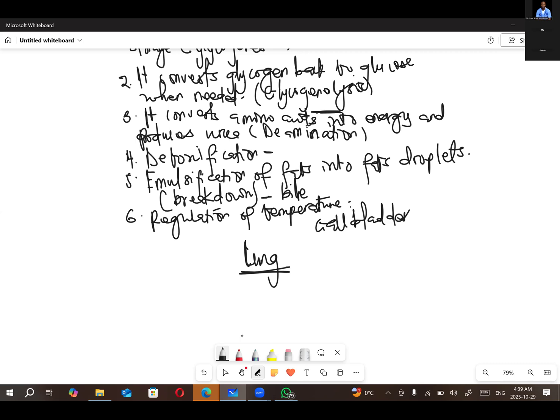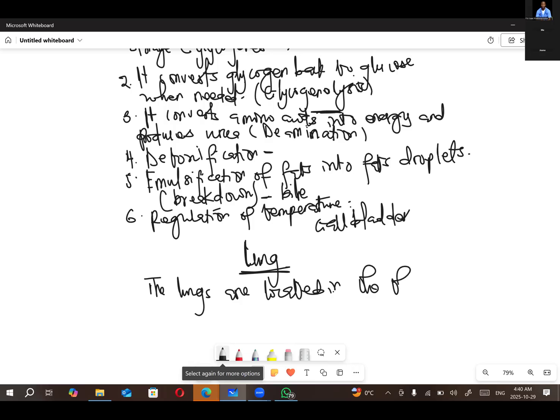Okay, so let's look at the lung. The lungs, there are two. The lungs are located in the thoracic cavity.